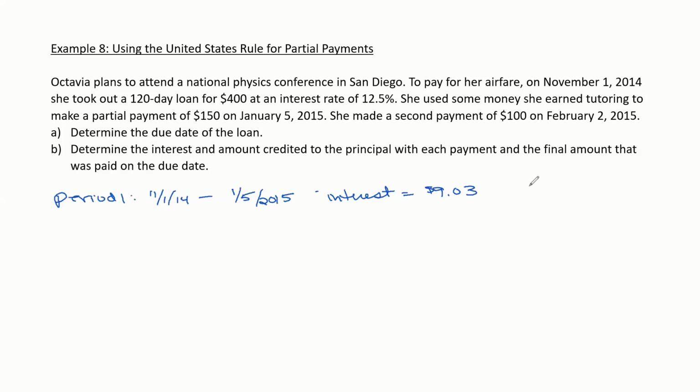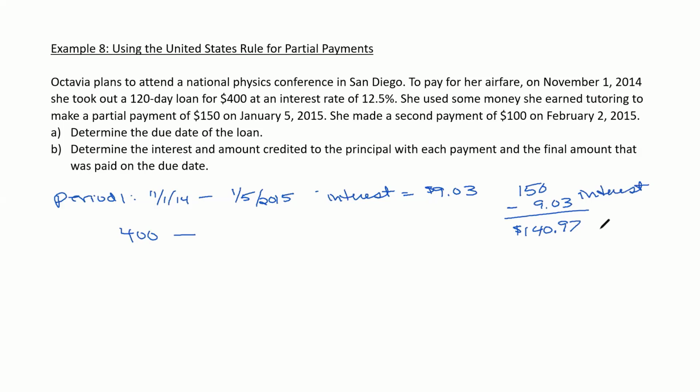She started with $400. And of that $150, first we have to pay that interest. So we take that $150 and subtract $9.03 and get $140.97. So first pay the interest.